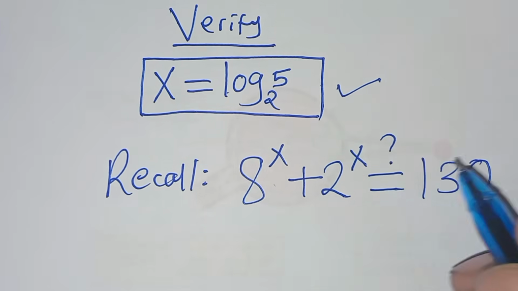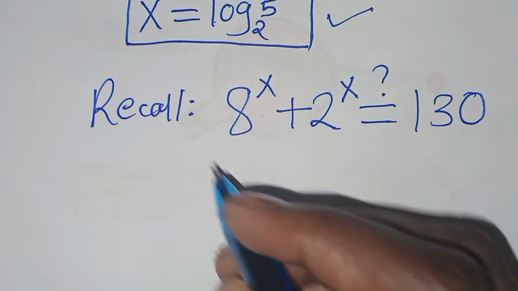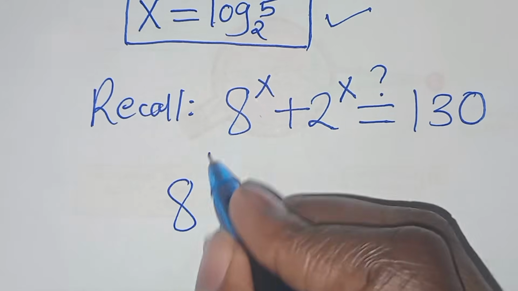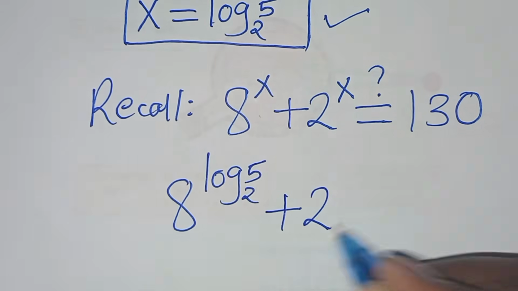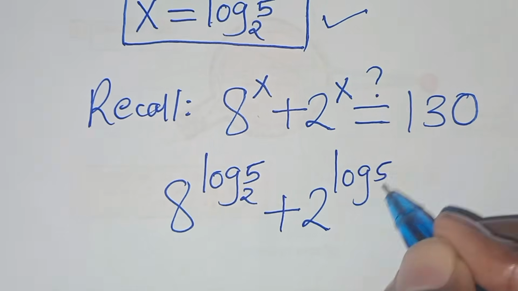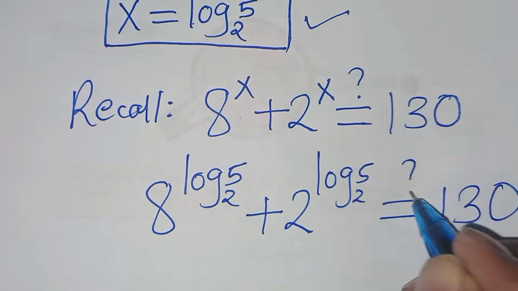Let's check if this is true. Let's substitute the value of x here. So we have 8 to the power log 5 to base 2 plus 2 to the power log 5 to base 2. This should give us a value of 130.